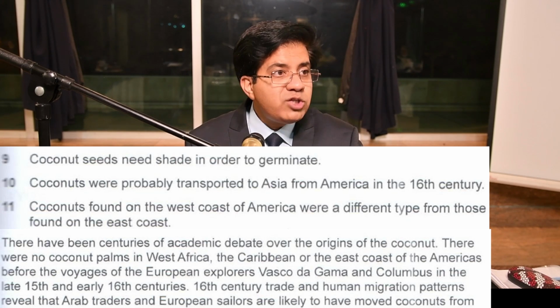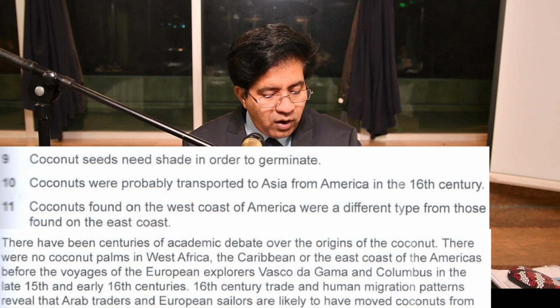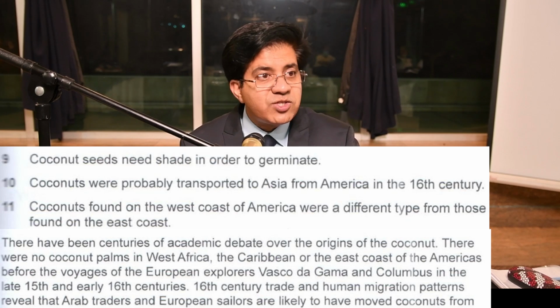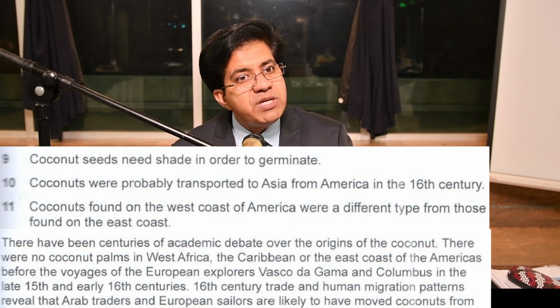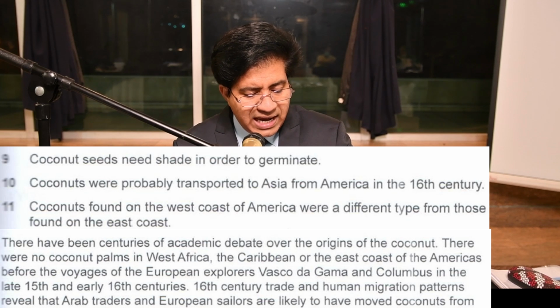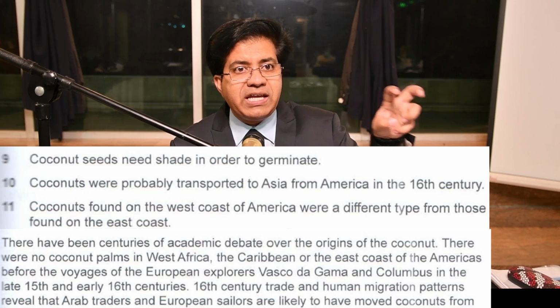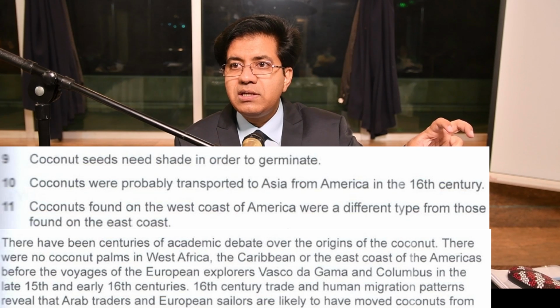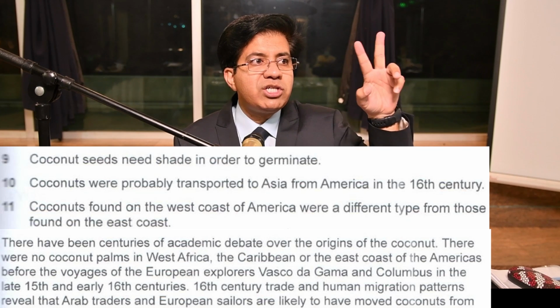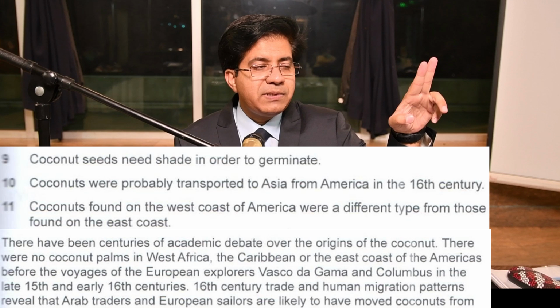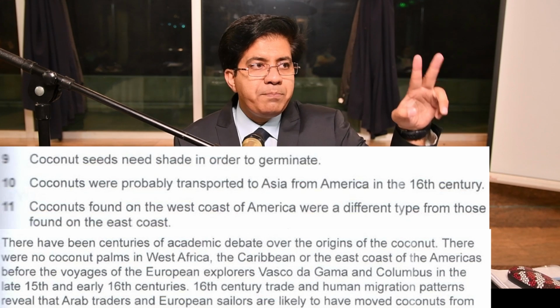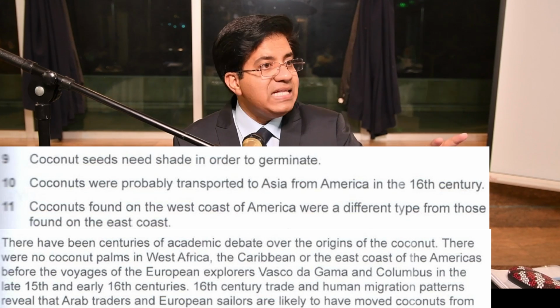Now, one point to be noted. Why is it false? If they only write 16th century, then it's going to be true. But they've written late 15 and early 16. Because of late 15, it is false. Right? Now remember, if they mention two things, for example, I'm going to the market to buy books and pens.